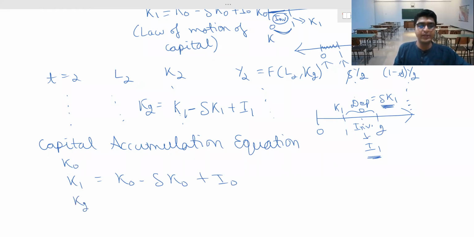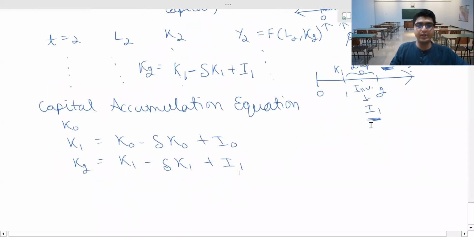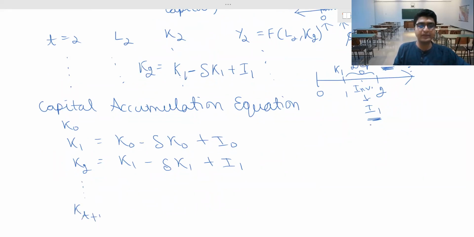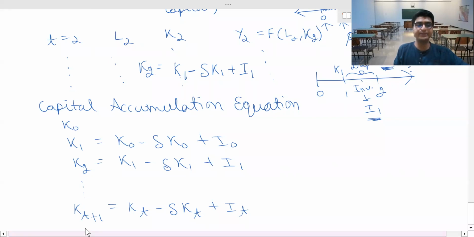Then K2 is equal to K1 minus depreciation plus investment. And in general, for any time period T plus 1, the next period's capital will be equal to the current period's capital minus depreciation of capital in that time period plus investment done in that time period. So that gives you the capital of the next period.